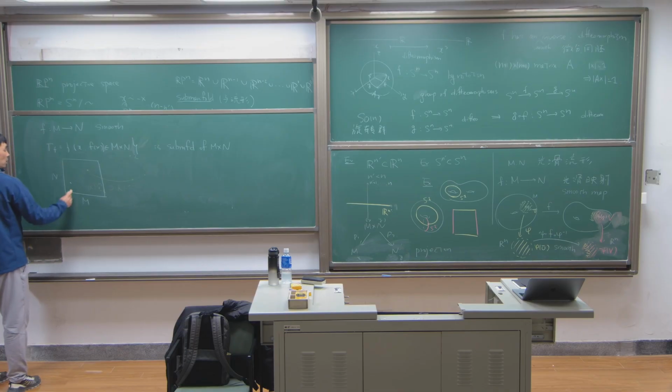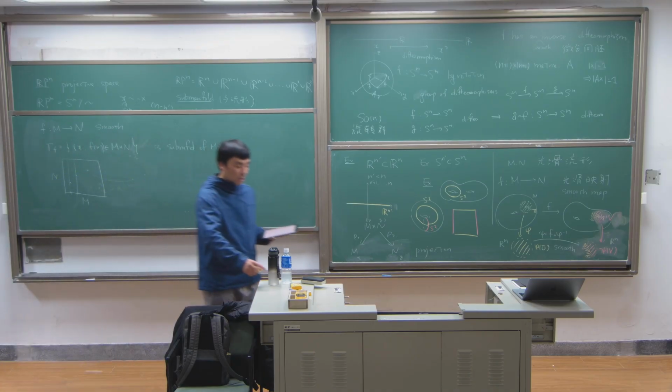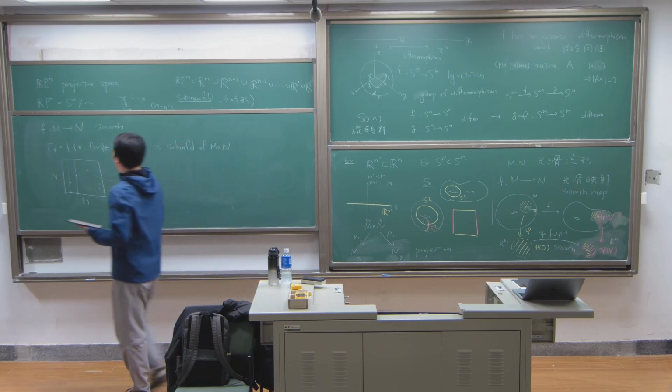So each point of M is mapped to N, this way, and you can construct the so-called graph.